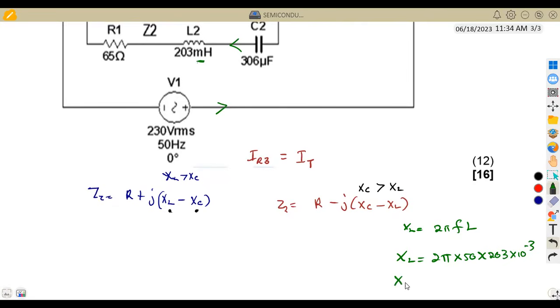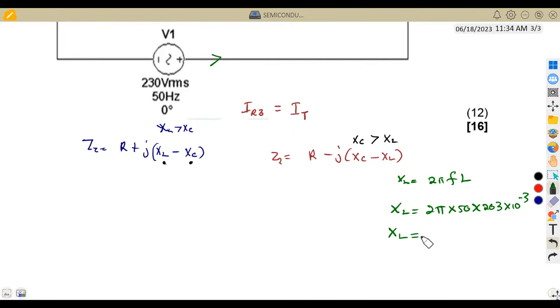So from our calculator, if we simplify properly, we are going to obtain XL as 63.774 ohms in this case.